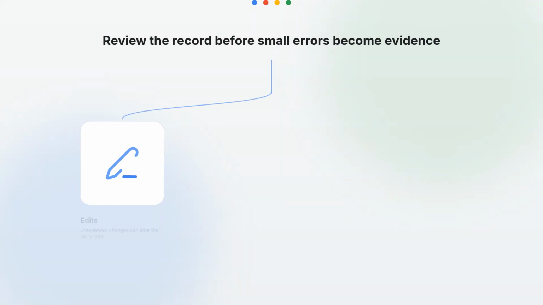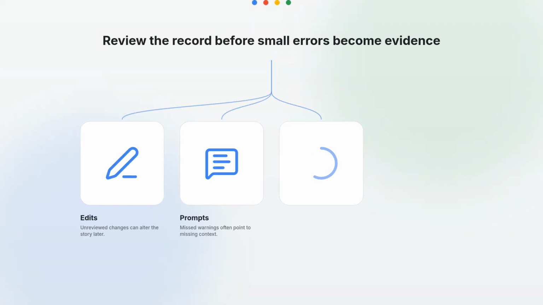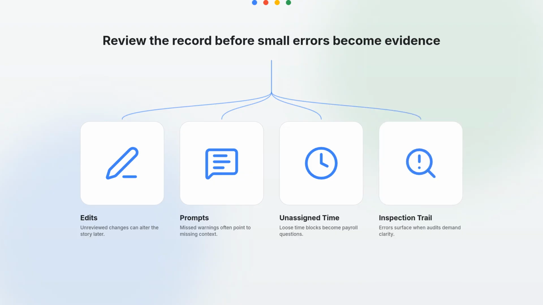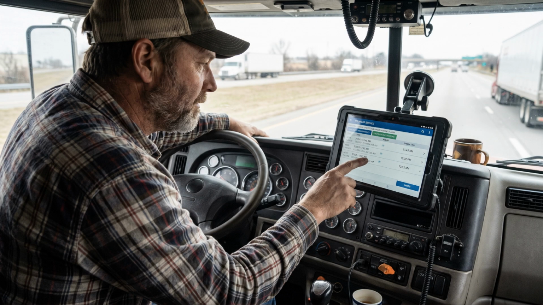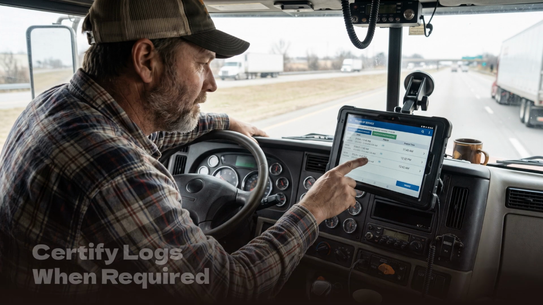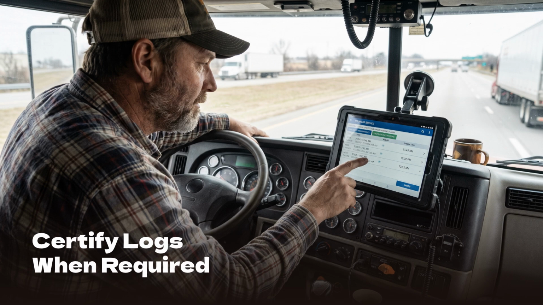Another mistake is ignoring edits, prompts, or unassigned time. If you do not review the record, errors can sit there until an inspection, audit, payroll dispute, or crash investigation brings them to light. Failing to certify logs when required is another avoidable problem.